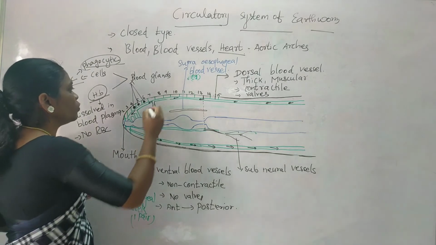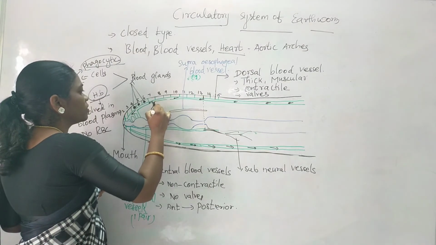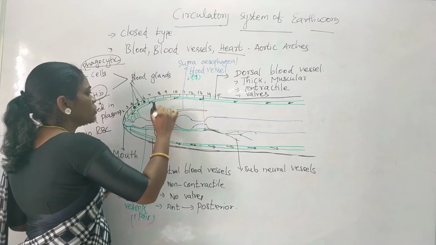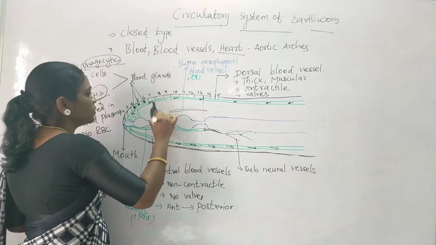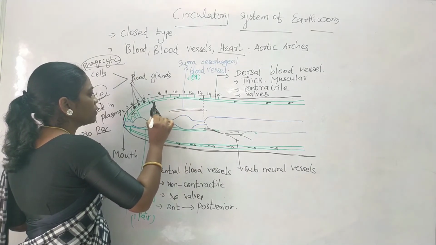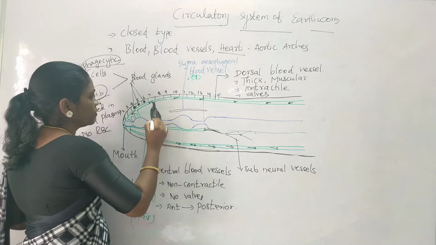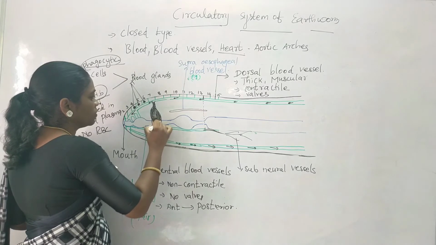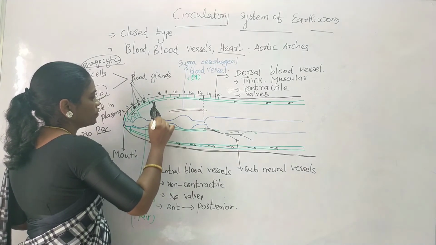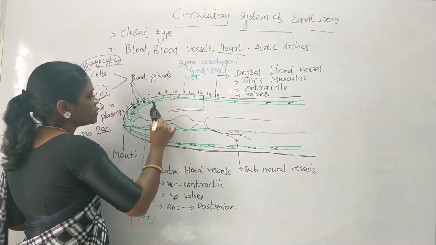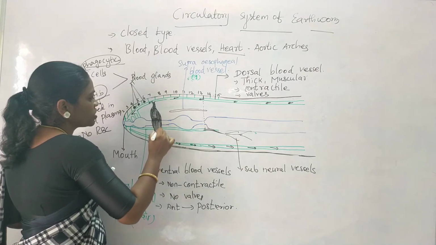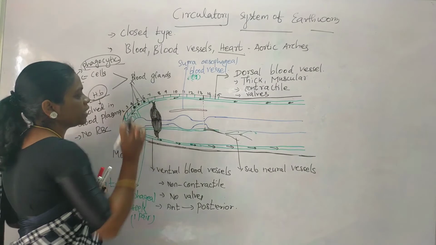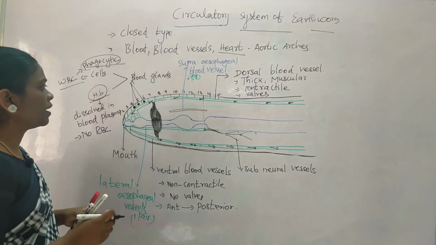I am just coloring it to make it visible. So these vessels are larger vessels which connect the anterior and posterior side, that is, the anterior and posterior blood vessels.